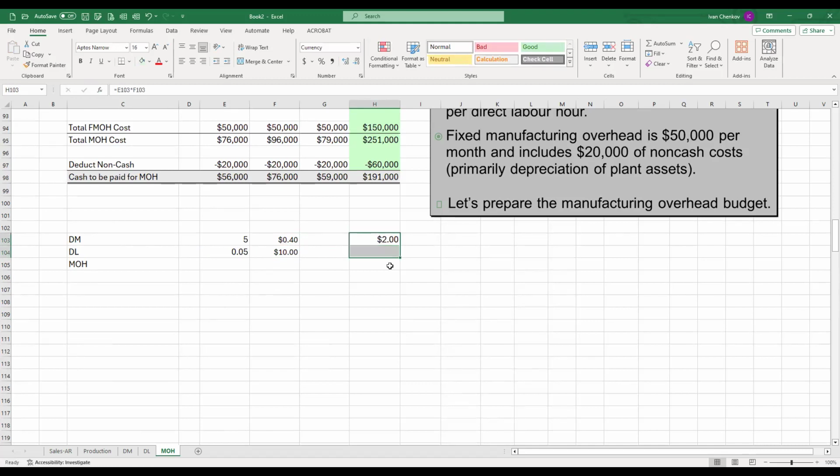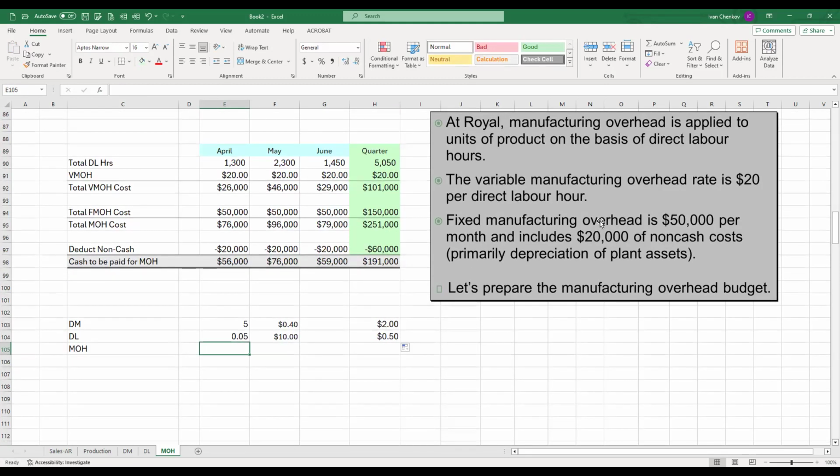Our labor costs us 50 cents per one product. Now we have to find out how much our manufacturing overhead will be. We already know that it is applied based on the direct labor hours, correct? So for every product, we're applying 0.05 hours.